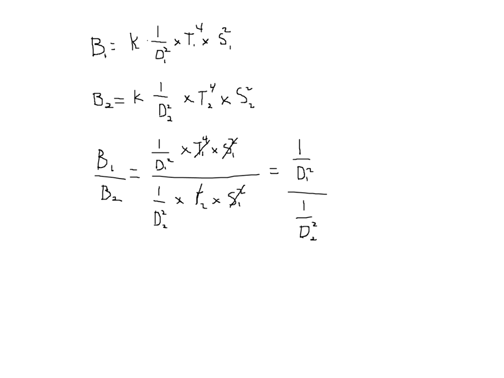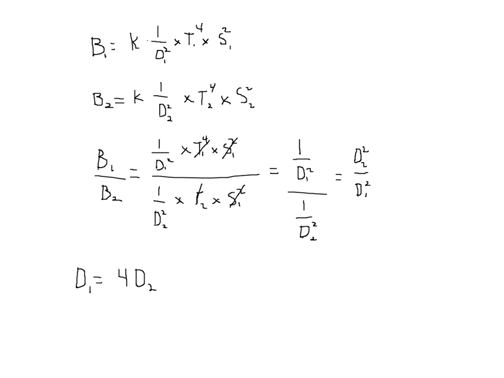So that means that D1 is equal to 4 times the distance D2, right? So if we rearrange this by inverting and multiplying the denominator, you're going to get D2 all over D1.